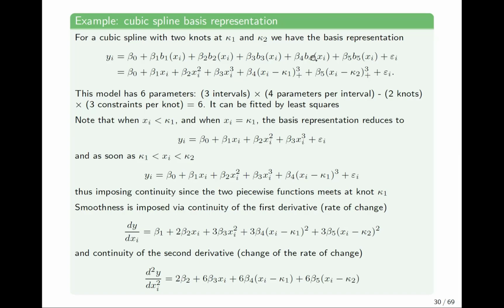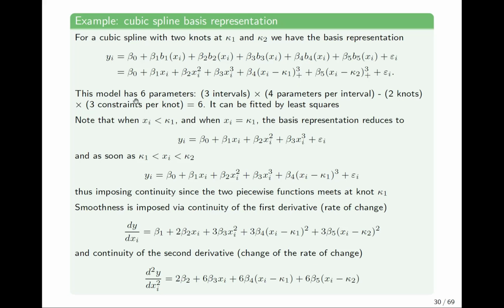Then we come on to the truncated power basis functions, truncation being used to impose constraints. These are b4, (xi minus the first knot) cubed, that's to the degree of the polynomial, and that's important because that is going to ensure continuity of the function and its 2 derivatives. And beta 5 is concerned with the second knot, again raised to the power of 3 to ensure continuity of the function and its derivatives.